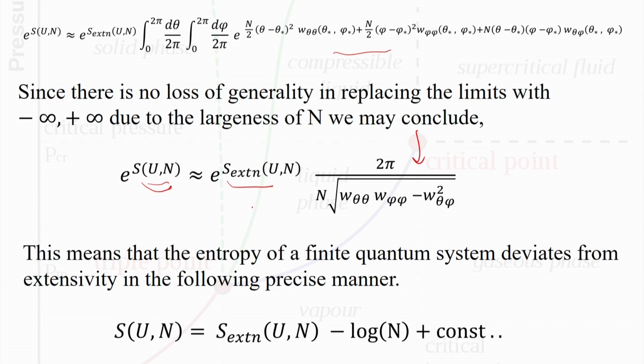So this is the extensive entropy, and then there is a contribution due to fluctuations which leads to deviations from extensivity. If you take the log on both sides, you will see the precise way in which entropy deviates from extensivity. Of course, this is not at all important if n is huge.